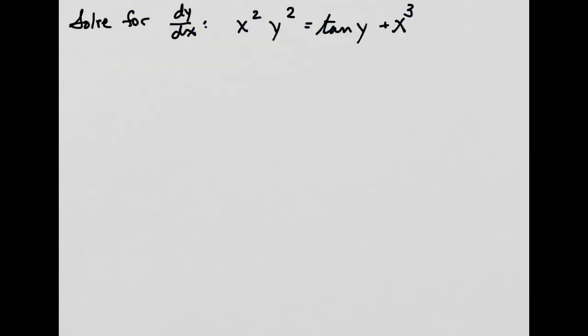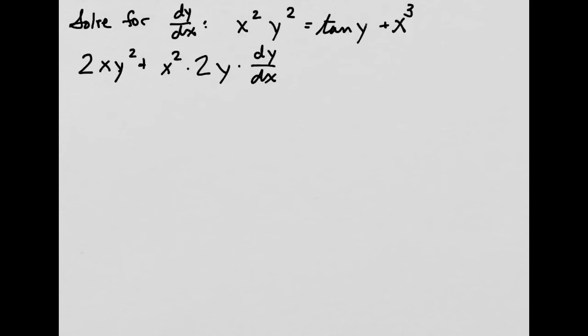Next, we're going to do just a classic implicit differentiation. So we're going to solve for dy dx of the equation x squared times y squared equals tangent of y plus x cubed. So first I want you to notice that you have x squared times y squared, so we're going to need to use the product rule. And so you have 2x times y squared plus, and now we leave x squared alone, and we take the derivative of y squared, so that's going to be 2y times dy dx.